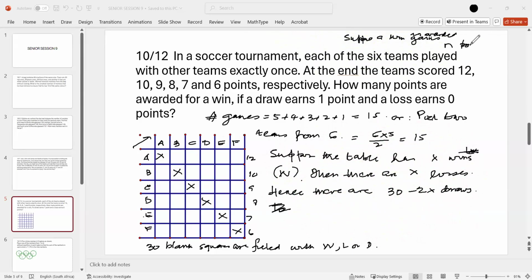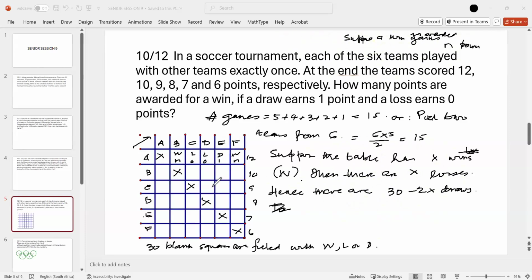So each time there's a win, you get an N, right? So every time there's a W here, we can place, if I got to say W, L, L, D, W, for instance, then I'll have to put N here because there are N points for W, and the draws will be 1, and this will be 0.